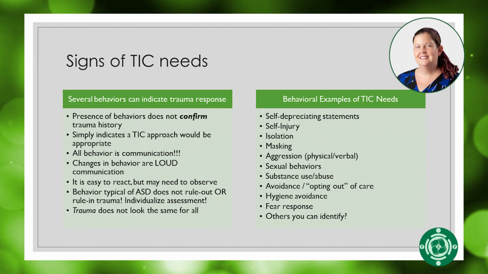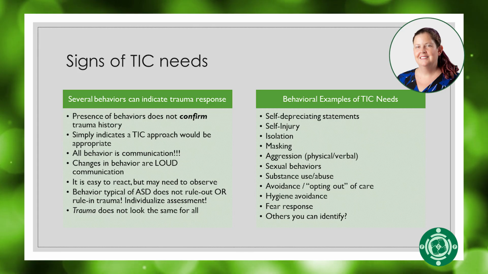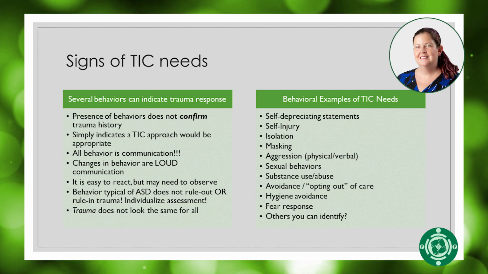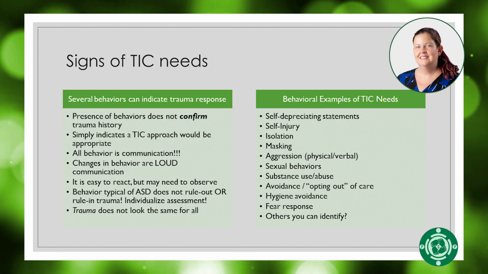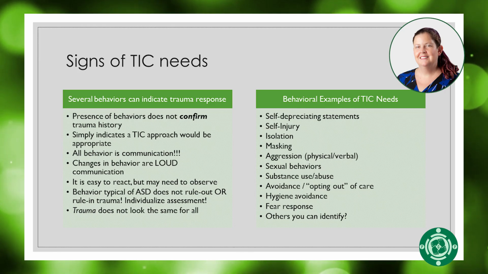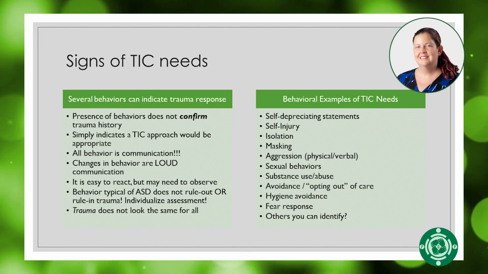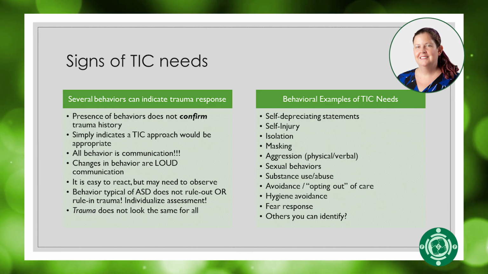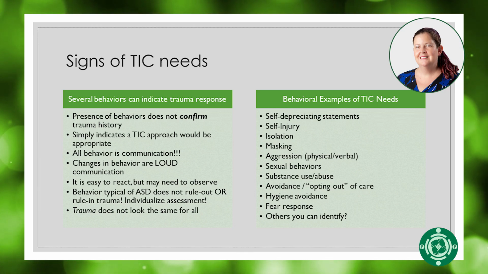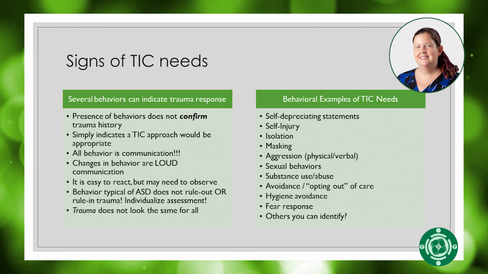So some examples of behaviors that may indicate to you that there's a trauma-informed care need. So these examples first, I want to make very clear, do not confirm a trauma history. It is very possible there are other factors at play. However, act as though a trauma history is present, as that gives you a calm and supportive approach, which is going to benefit the person regardless of the cause or the history.